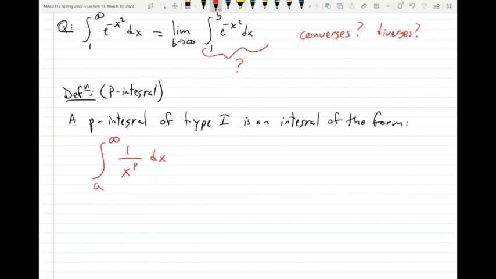Typically, instead of a, we put a 1 in here, but in general it doesn't have to be a 1. Here p is a positive real number.